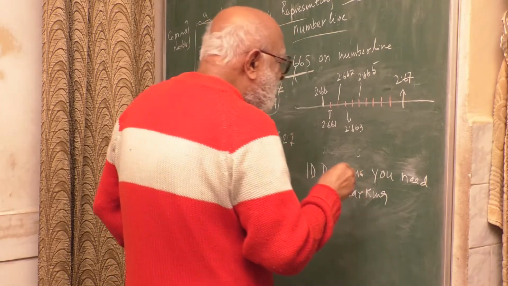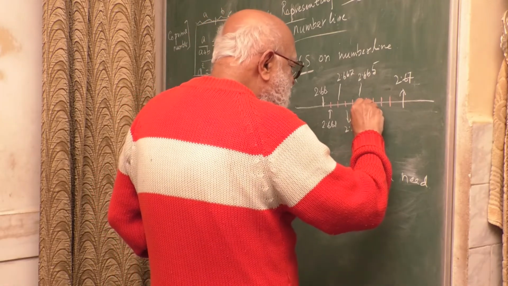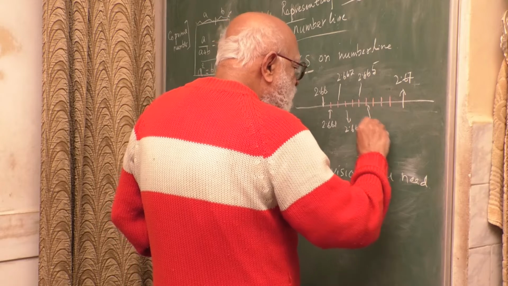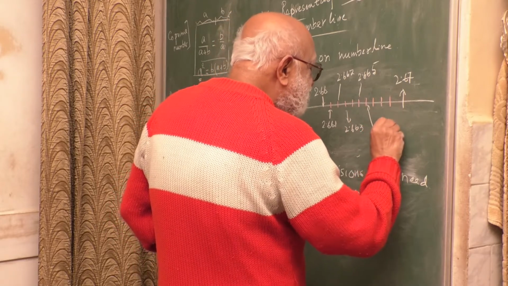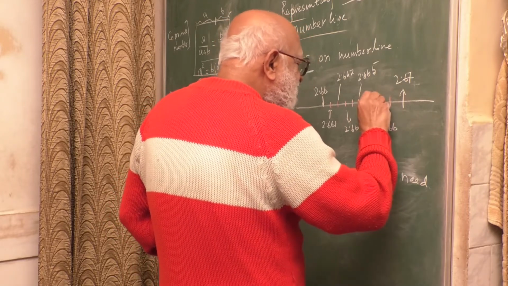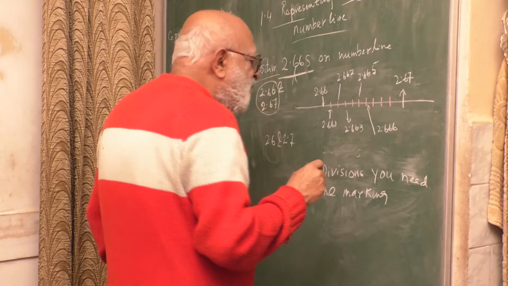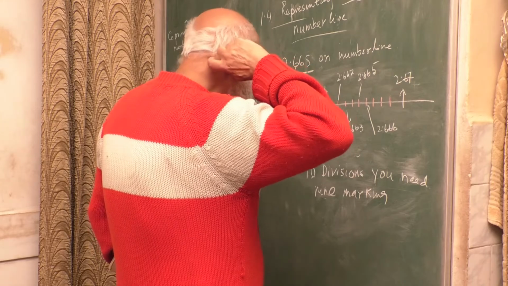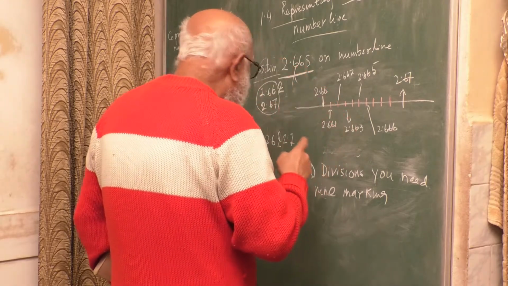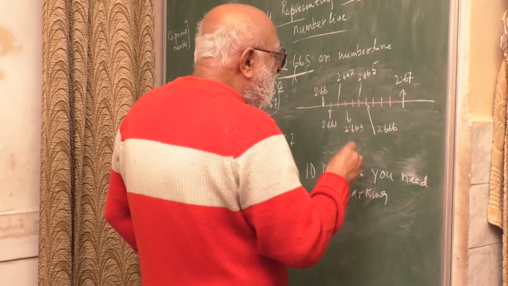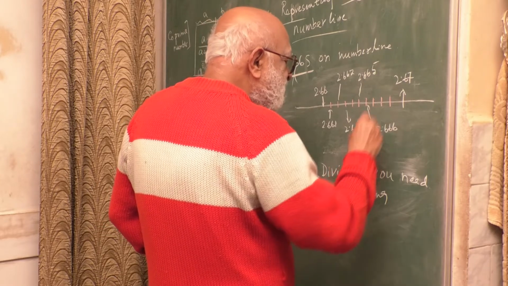And then I will go to here, 2.666. This one is the fourth division, 2.661. And so I will concentrate on this.